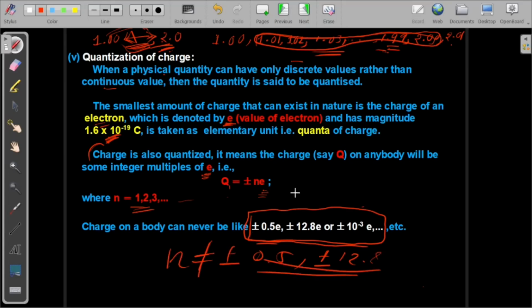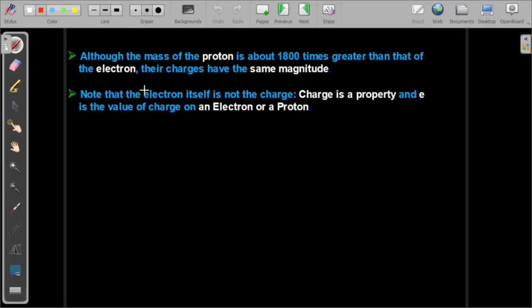Okay, next 2 points are there. Although the mass of the proton is about 1800 times greater than that of the electron, their charges have the same magnitude.